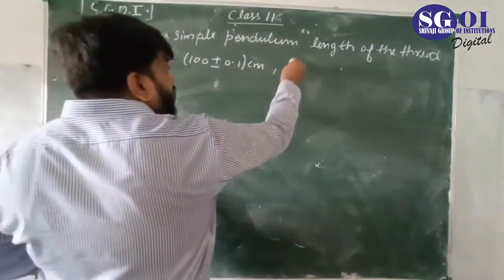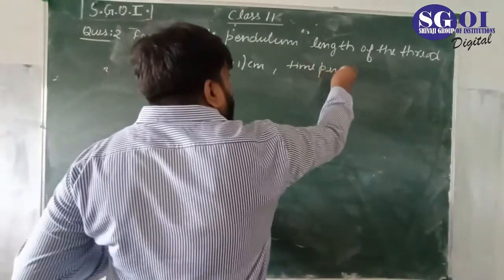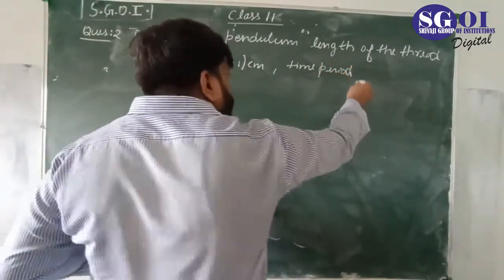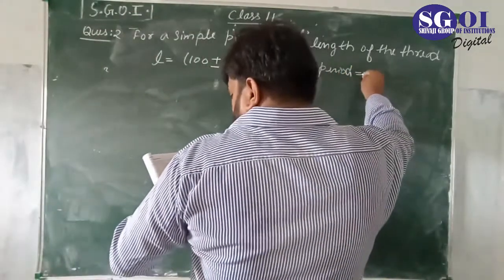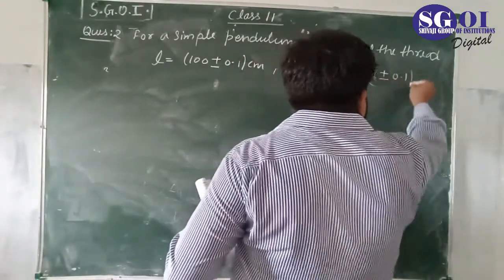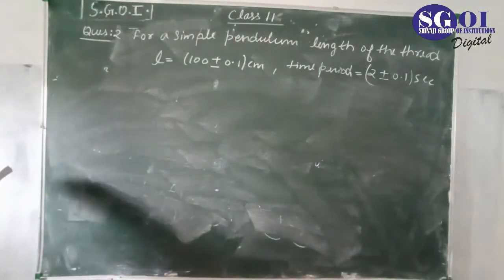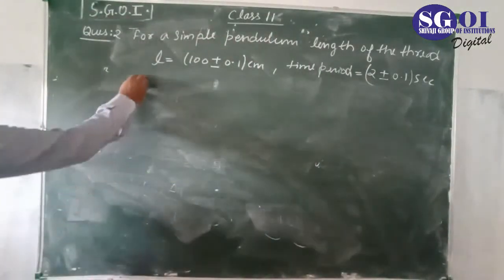The time period of oscillations is given equal to 2 plus minus 0.1 second. We have to find the maximum permissible error.